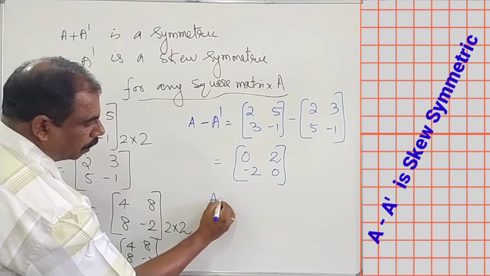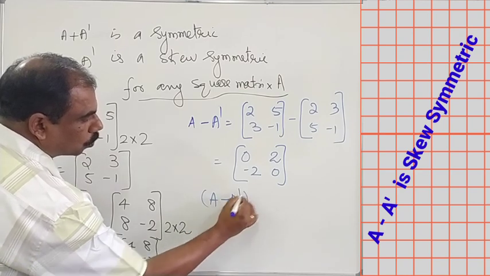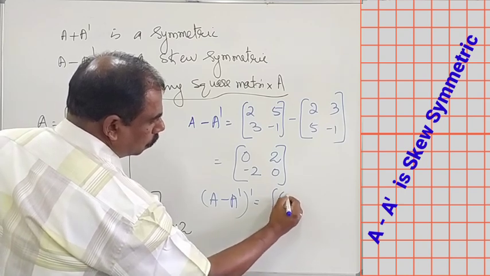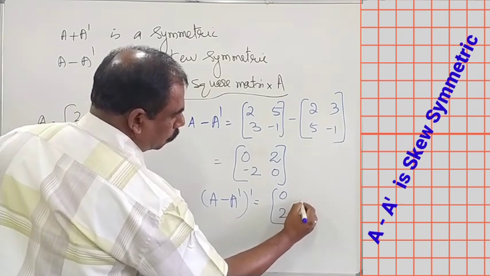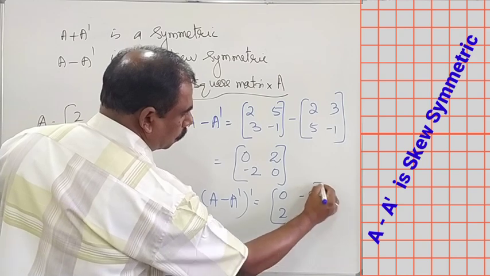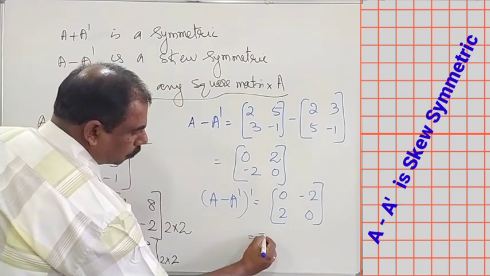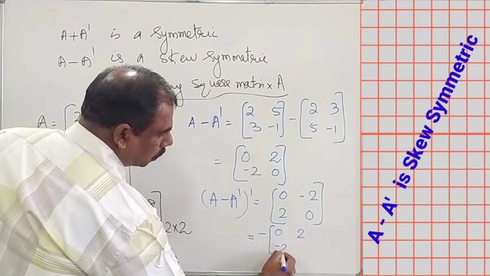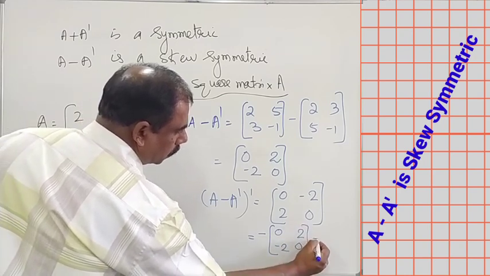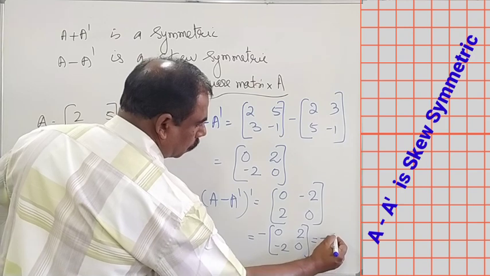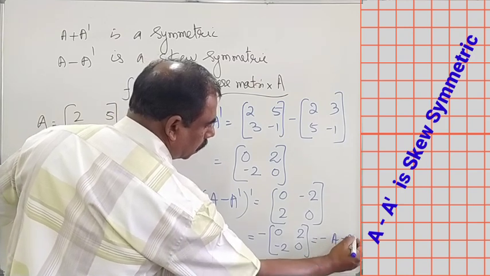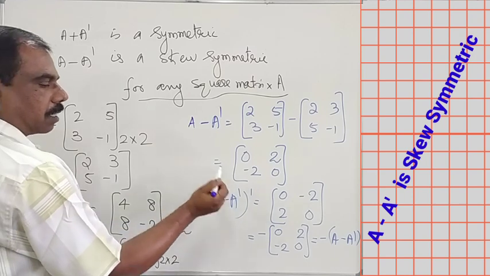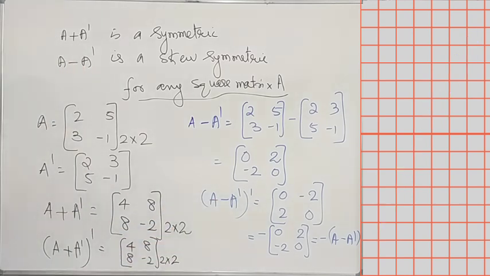Hence, the transpose of A minus A transpose is equal to 0, minus 2, 2, 0, and that's equal to minus of 0, 2, minus 2, 0, which is once again minus of A minus A transpose, or we say that A minus A transpose is a skew symmetric matrix.